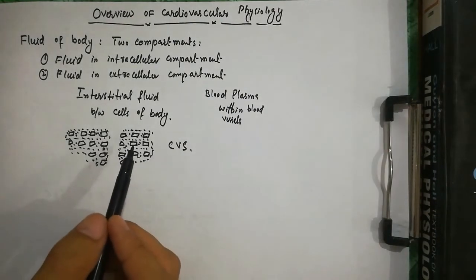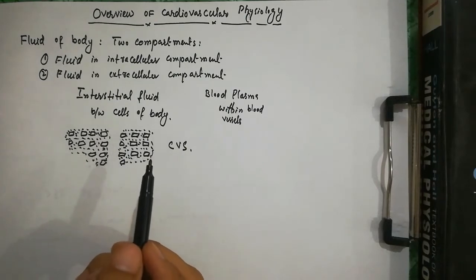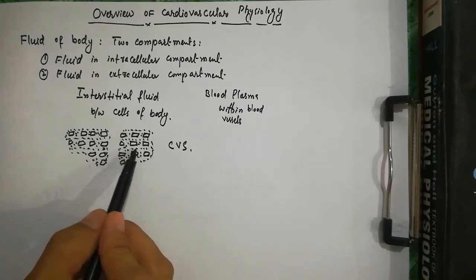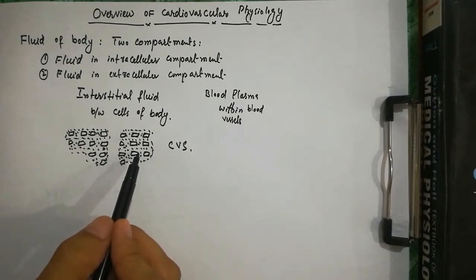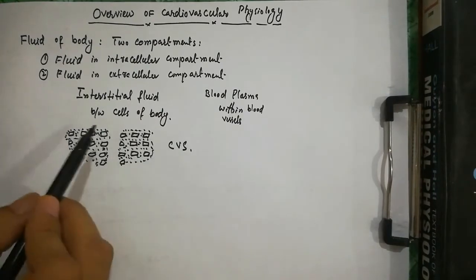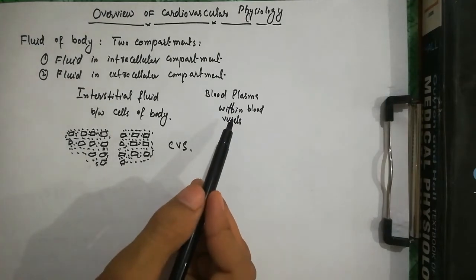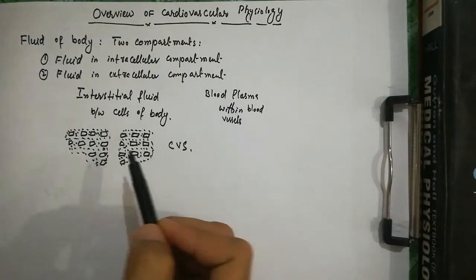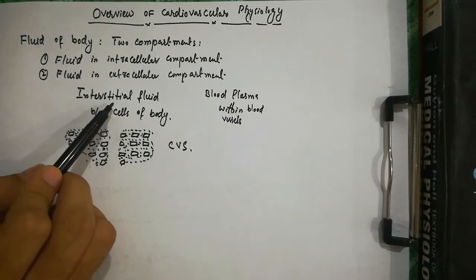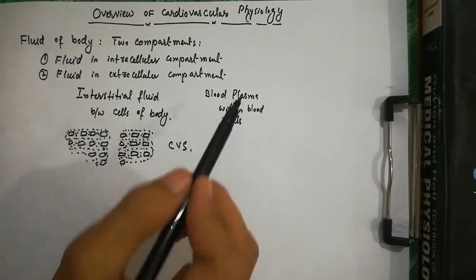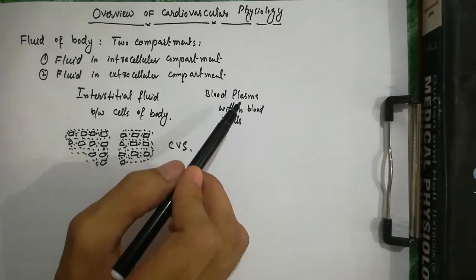In other words, the composition of this interstitial fluid is maintained in the normal range by pumping blood plasma.